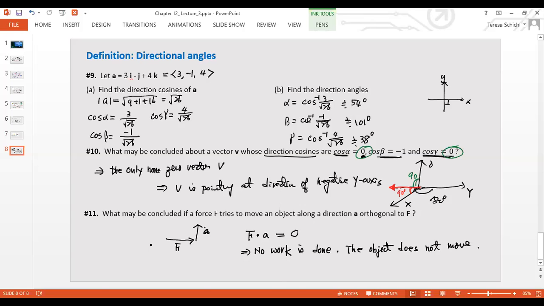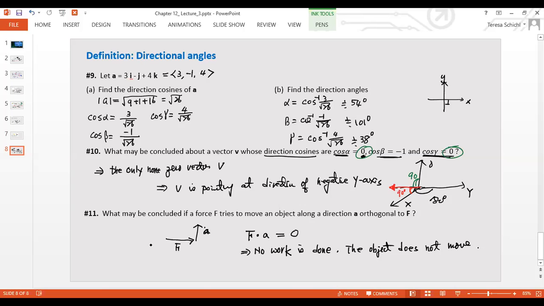So the last two problems are application problems about what we learned. This is the second video, a pretty short video, but we talked about a couple of applications. One is how you define work: it's the force dot product the displacement vector. And then what is a directional angle?